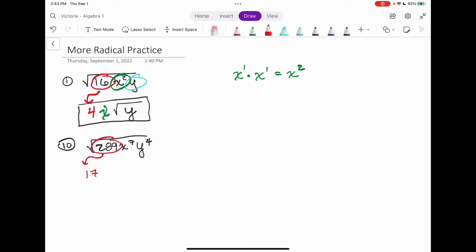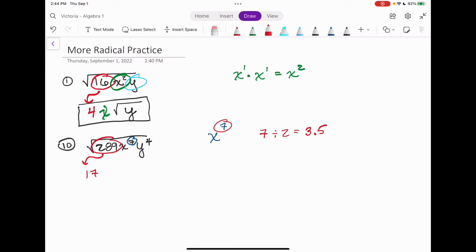And then the trick with the exponents, what you want to do is take the exponent. So we have x to the 7th. I want to take this exponent, 7, and divide it by 2. If I take 7 divided by 2 in my calculator, it would be 3.5, or I know 2 goes into 7 3 times with 1 left over.